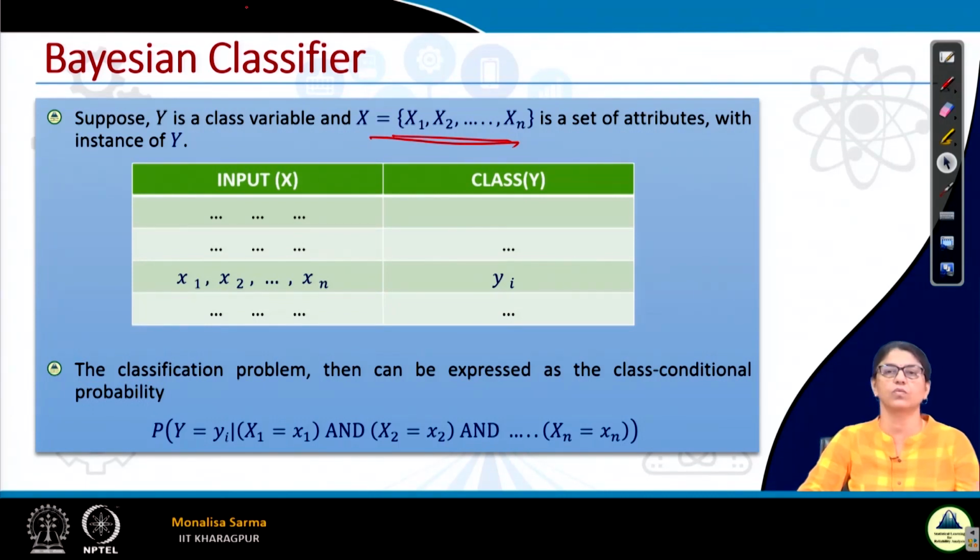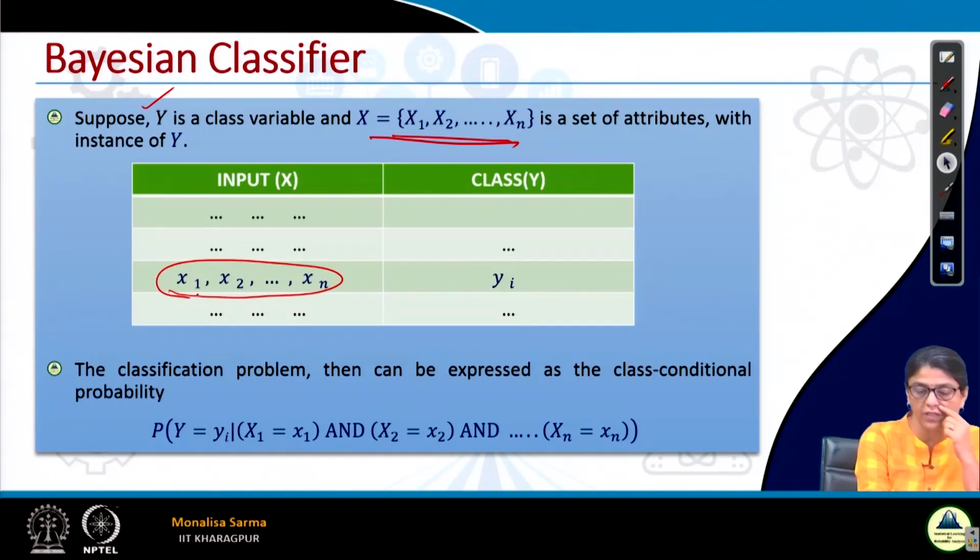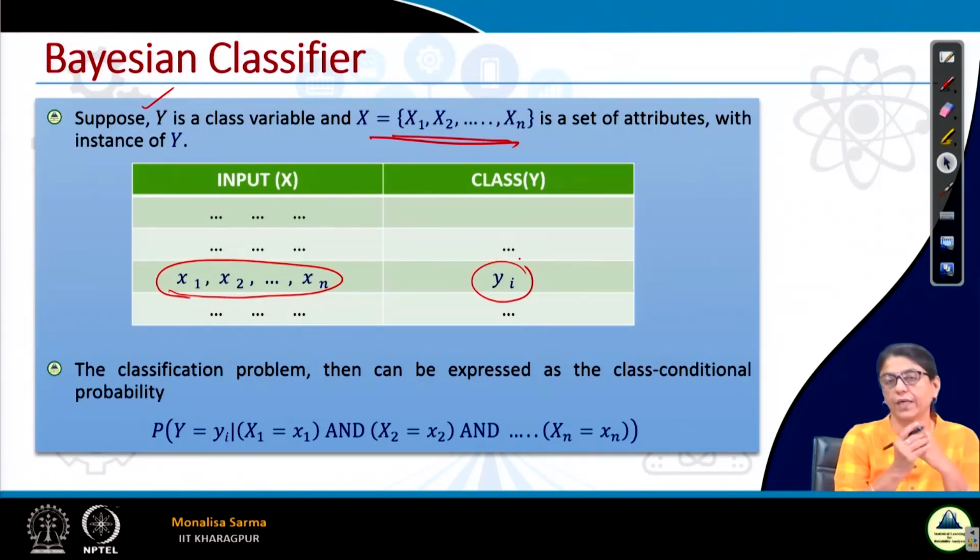If there are 4 classes, y1, y2, y3, y4, I am using variable y for the classes and variable x for the set of attributes, where x consists of different attributes x1 to xn. Say it has n attributes, and for each attribute it takes some value, and the class is say yi.